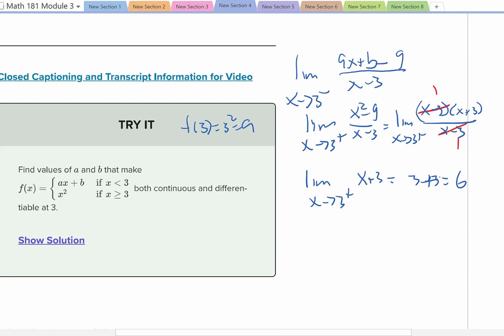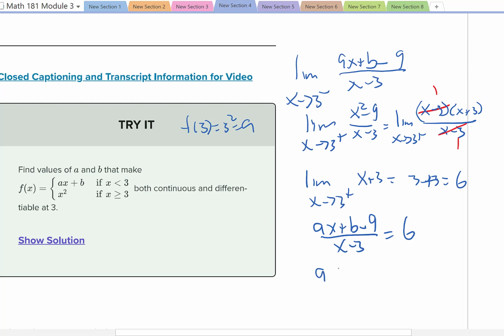Now we use that for the other part. We know these limits have to be the same. And that limit, ax plus b minus 9 over x minus 3, needs to equal 6.